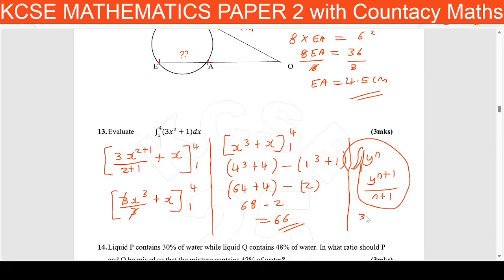So if you have 3x to power 3 and you want to differentiate, you pick the power and multiply by this number, such that you will have 3 multiplied by 3.